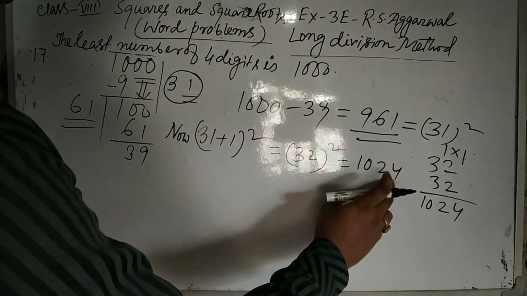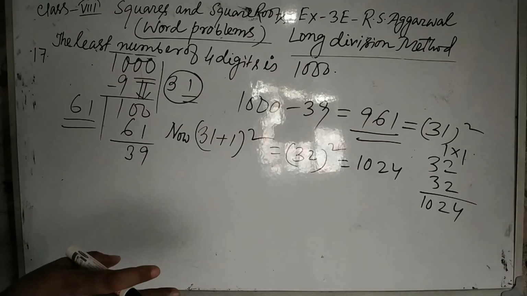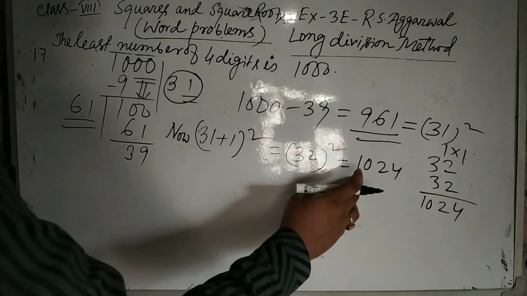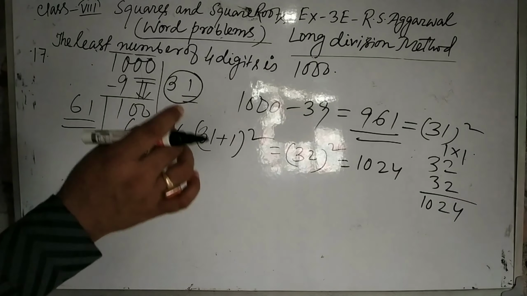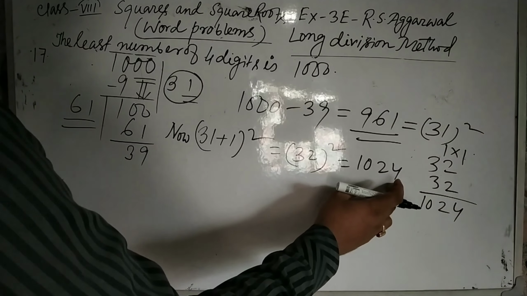So 1024 is the perfect square number and it is a 4-digit number, and this is the least 4-digit number which is a perfect square number.